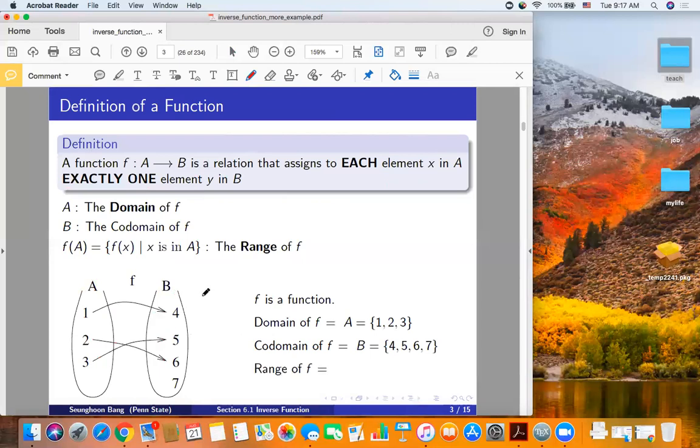What is the range of f? Could you write your answer?